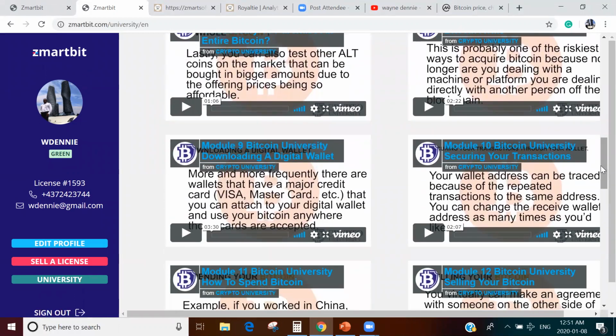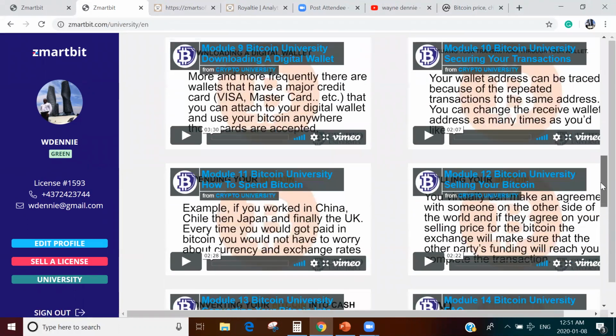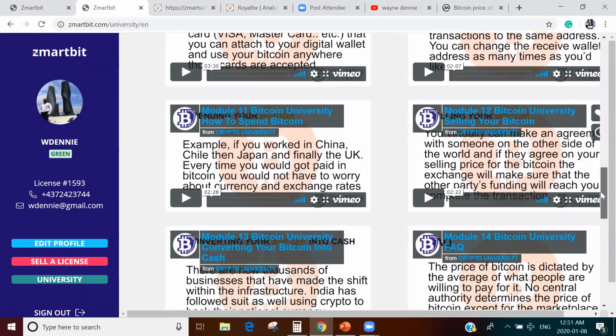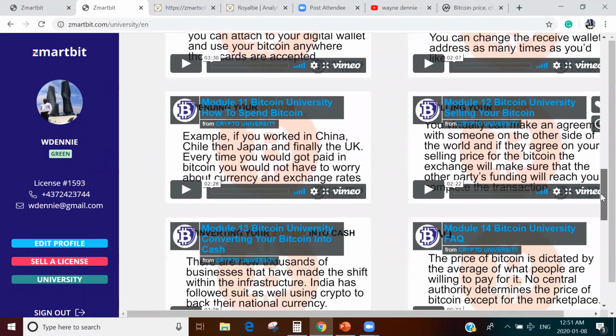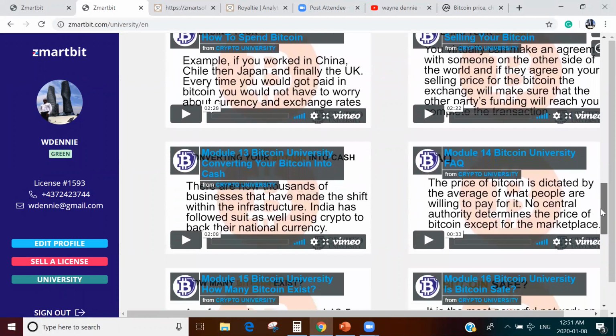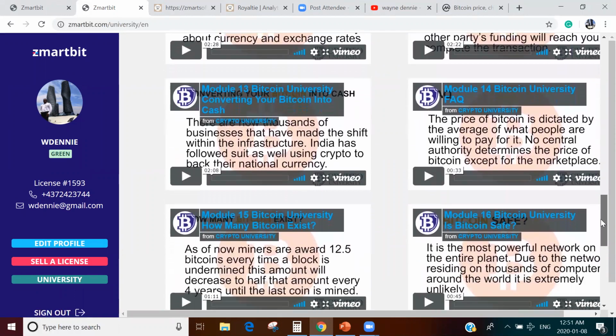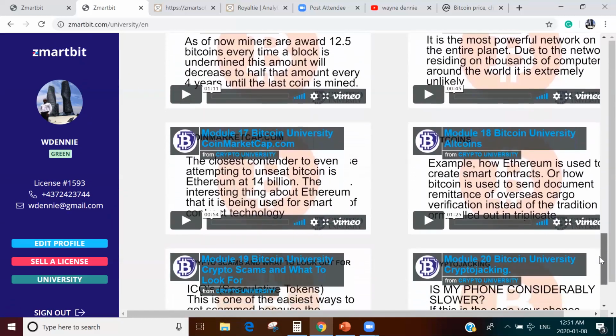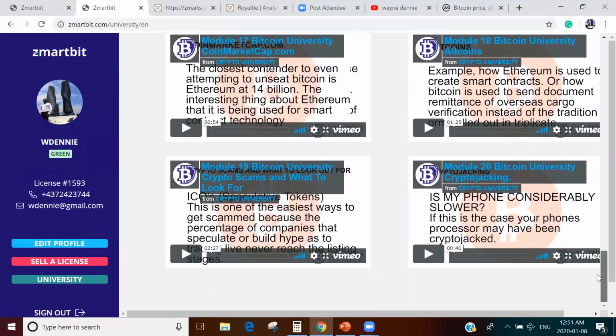These are very common questions that the majority of people ask when they're first introduced to Bitcoin; they want to know what it's all about, how does it work, etc. As you can see, there are many, many modules, and of course, there will be more as time progresses.